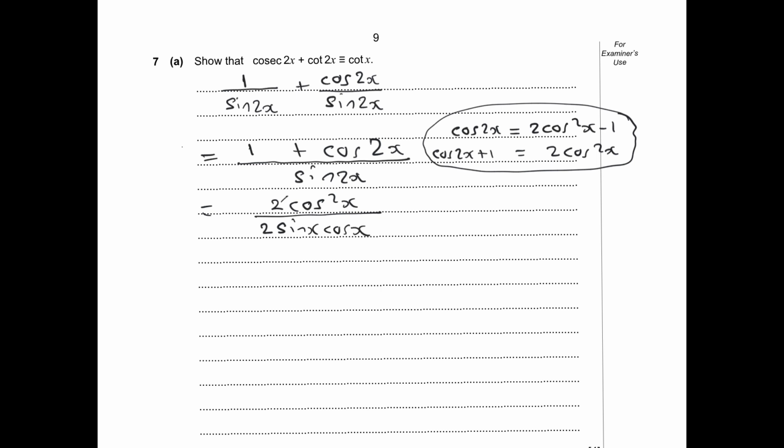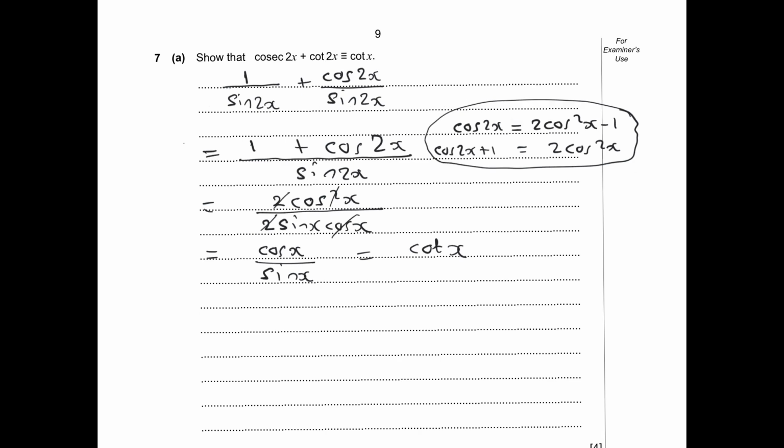Okay, so that cancels out. One of the cos x here cancels with this one here, so we remain with cos x over sine x, which of course becomes cot x. All right, so that is what we are having there on the A part.